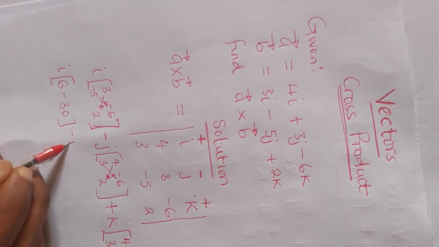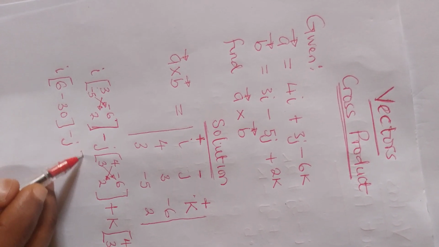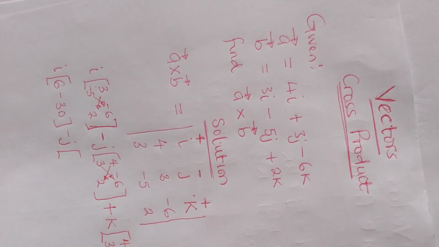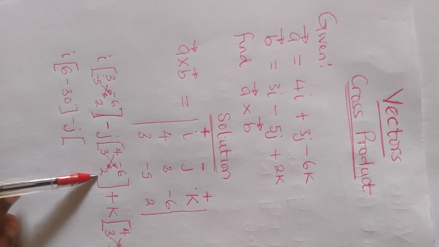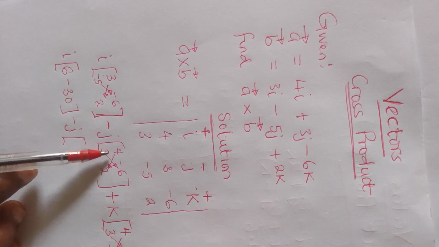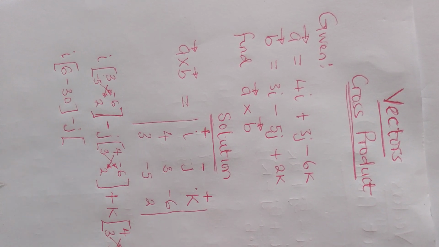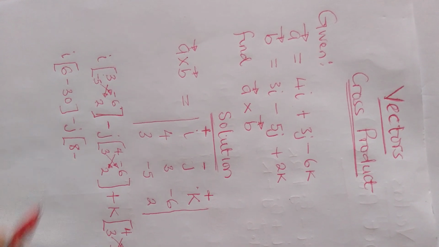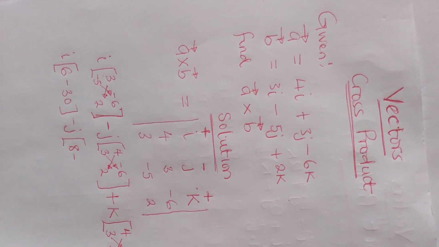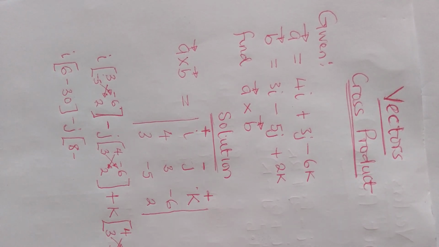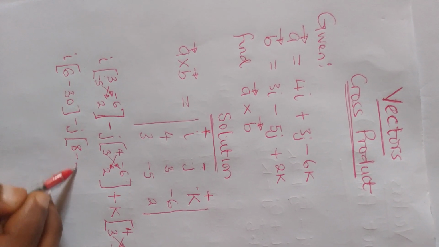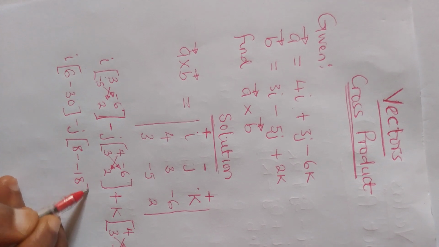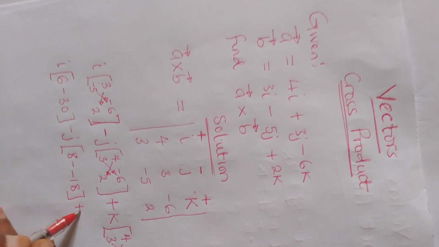So we have minus j into, this multiplying this minus this multiplying this. So 4 times 2 here will give us 8. Then we have 3 times minus 6 will give us minus 18.